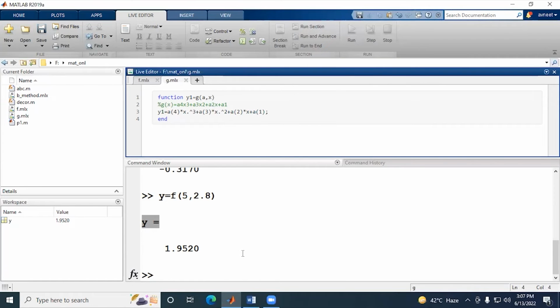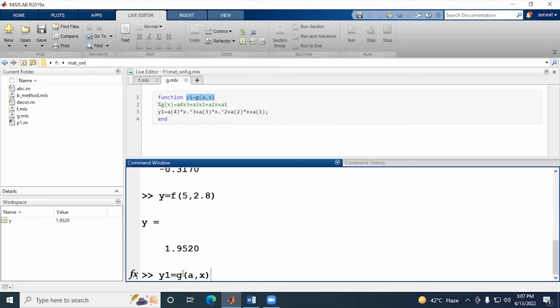Save it. And how you're going to take it? Just put here. It will ask you what is the value of A or X. So before writing this, I will define A is equals to 2, 5, 7, 9 because we have 4 values here till A4.